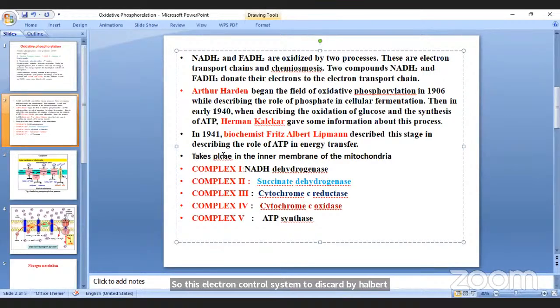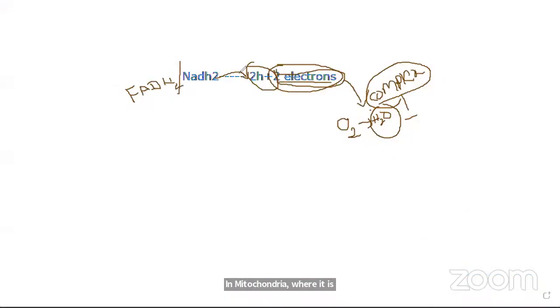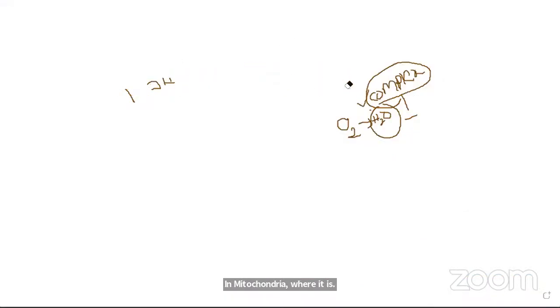This electron transport system takes place in the inner membrane of mitochondria. Already told you the mitochondria structure. In mitochondria, where is it? This is the outer membrane, right?